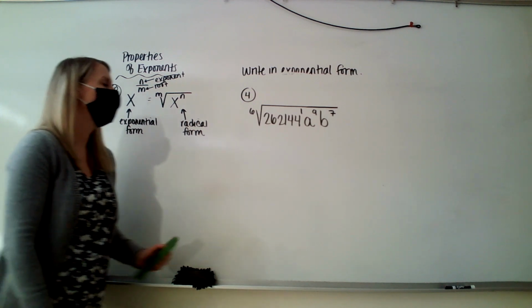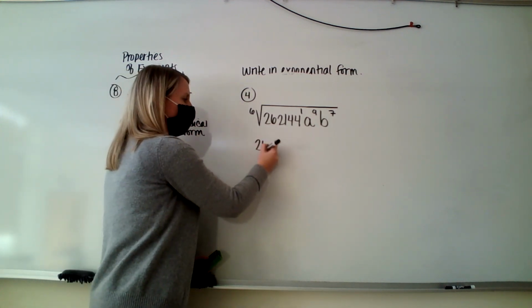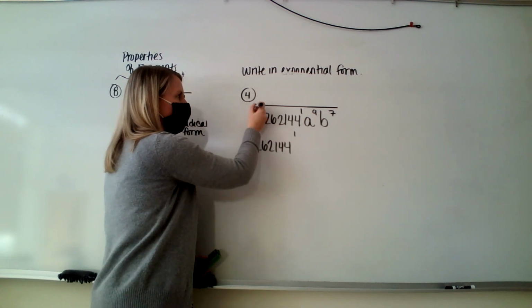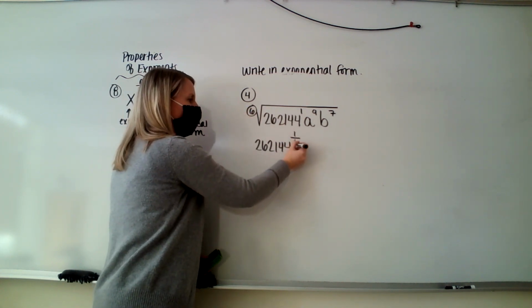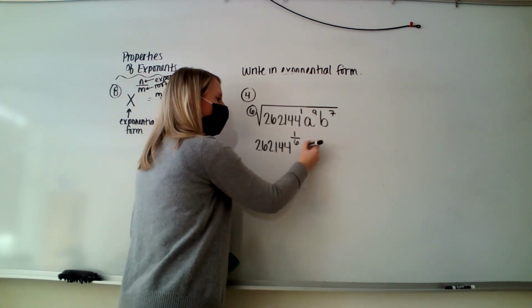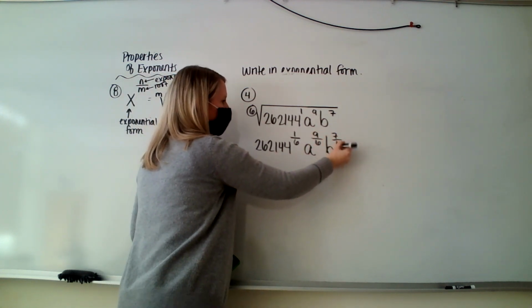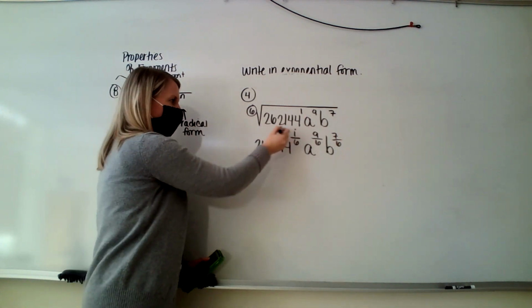Just as a reminder, because for each base, I keep the base, I keep the exponents, and then each of them are going to be over 6 now. Okay, and then once again, I have no clue what this is.